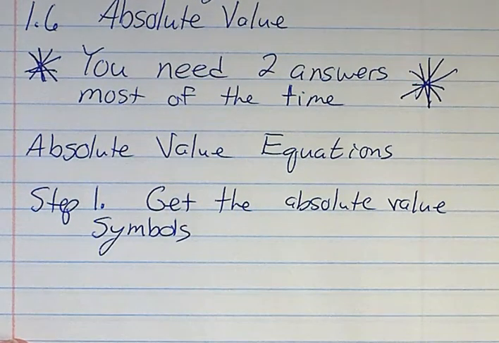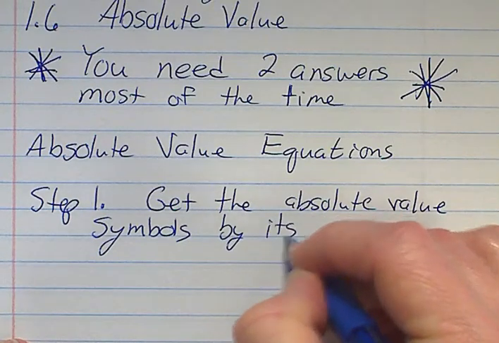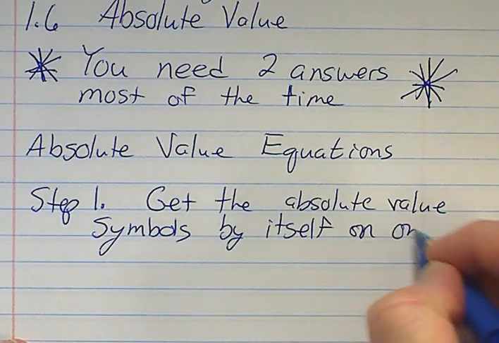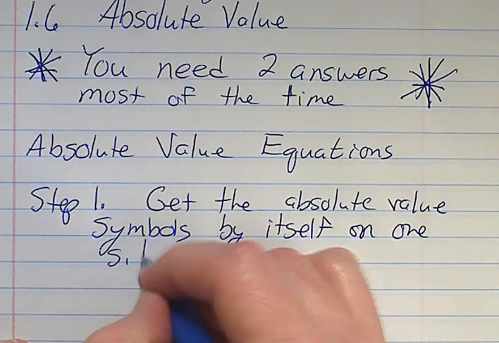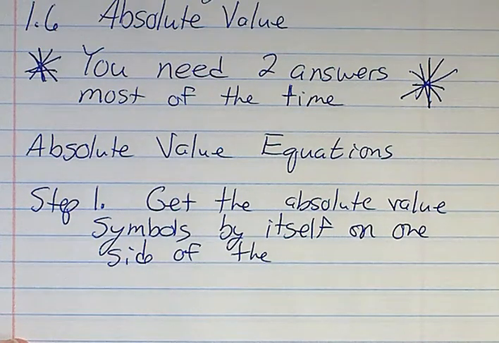You've got to get the absolute value symbols by itself on one side of the equation. Doesn't matter if you get it on the left side or the right side. You just got to get it by itself on one side of the equation.